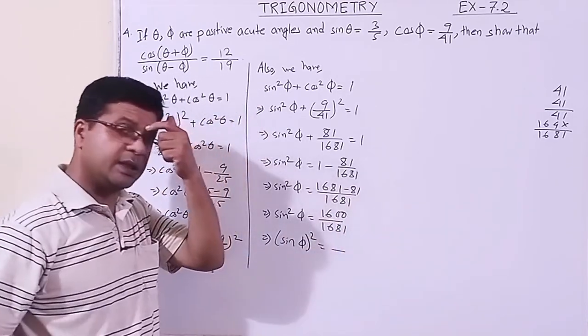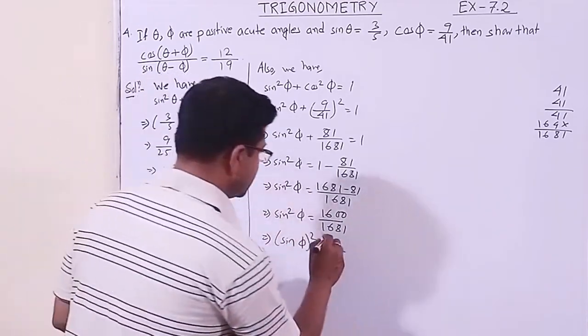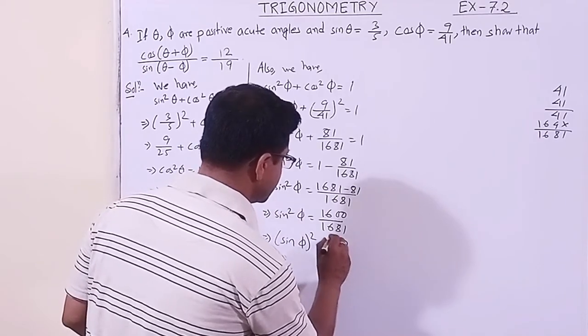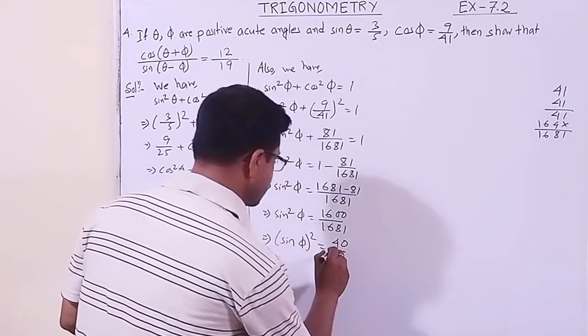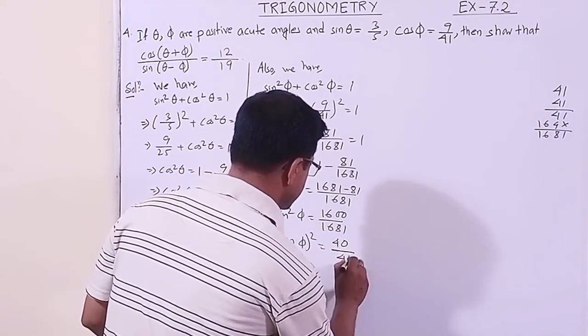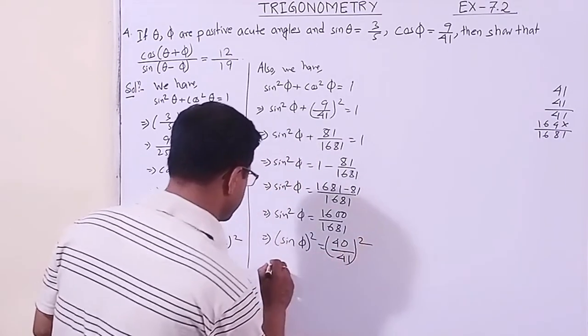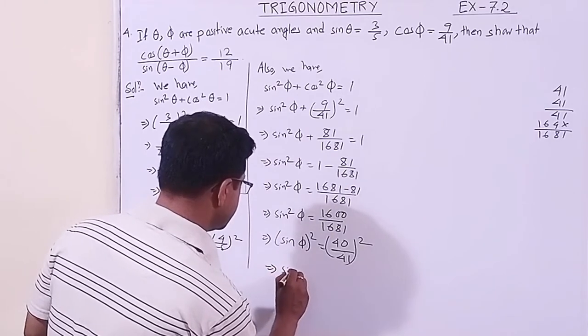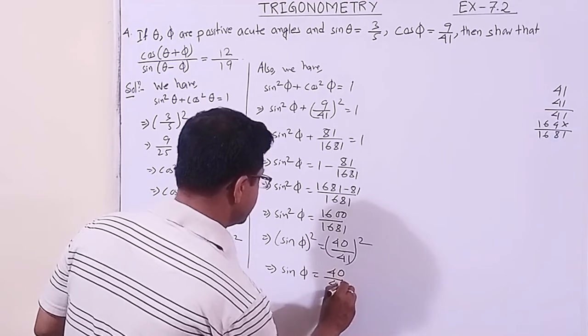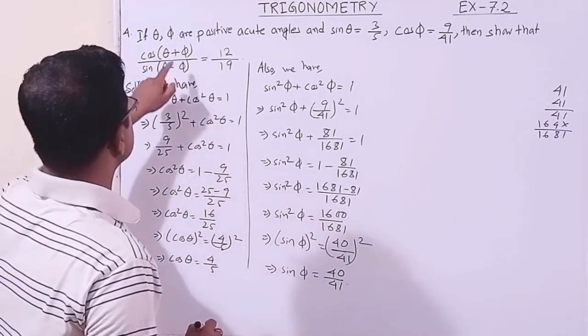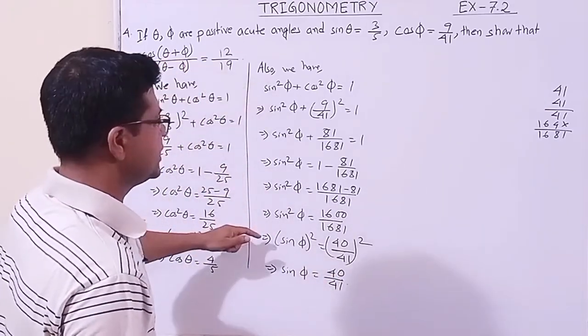We want to write it in terms of squares. 1600 is whose square? 40 square. 1681 is 41 square. So this is 40 by 41 whole square. Let us remove the square from both sides. So we are getting sin phi is equal to 40 by 41.